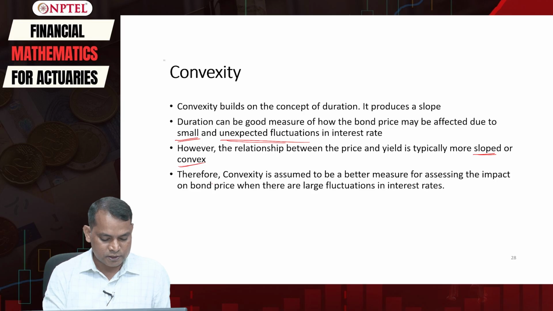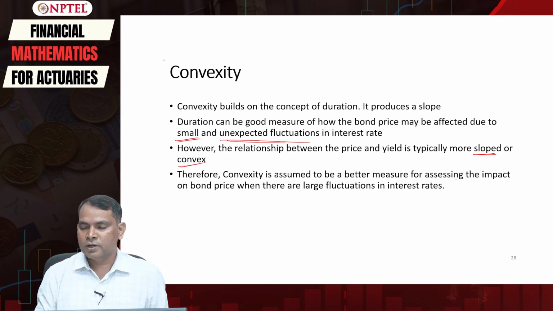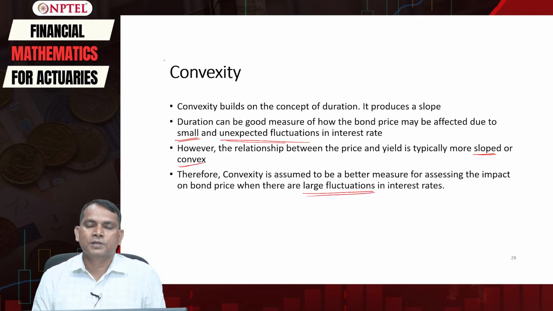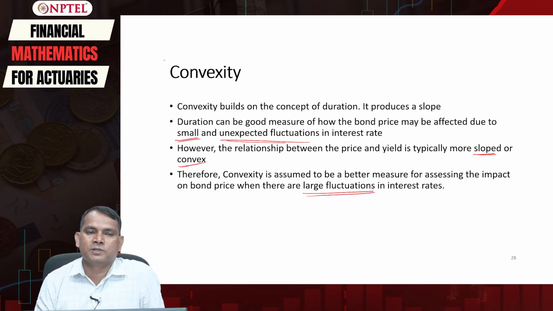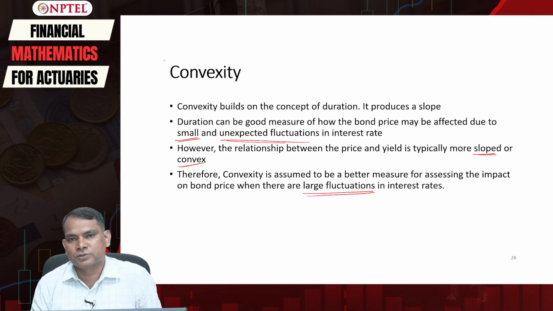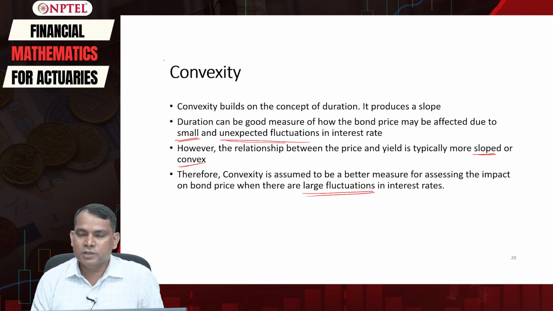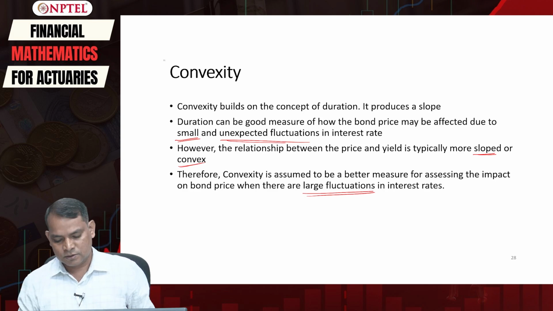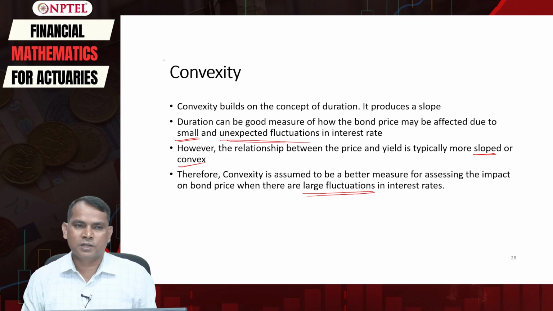Put differently, convexity is assumed to be a better measure for assessing the impact on bond price when there is a large fluctuation in interest rate. Whenever there is a small fluctuation, duration may be a good measure, but whenever there is a large fluctuation, convexity may be a good measure to understand the riskiness of the bond.